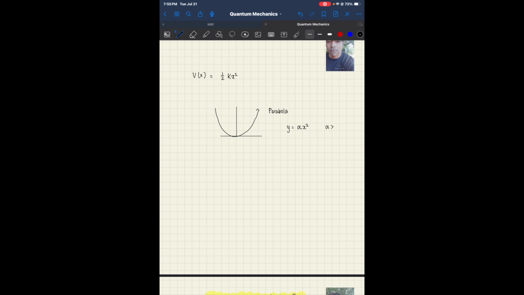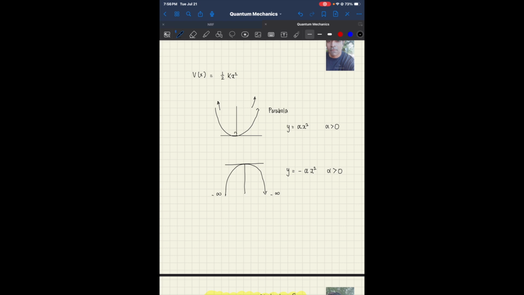If alpha is positive, then it escapes to infinity in this manner, and if alpha is negative, you get the opposite. You get something like this. Say, minus alpha x square with alpha positive, which is the same thing as saying that this escapes to minus infinity.